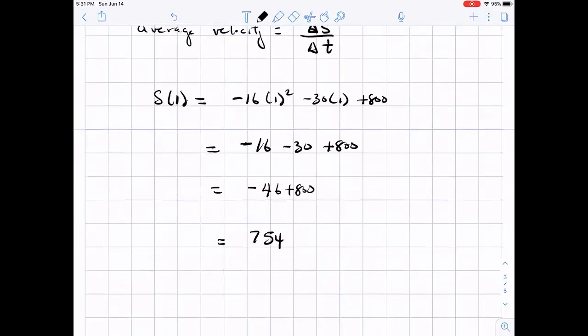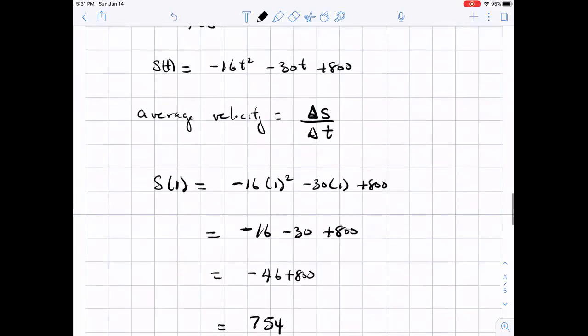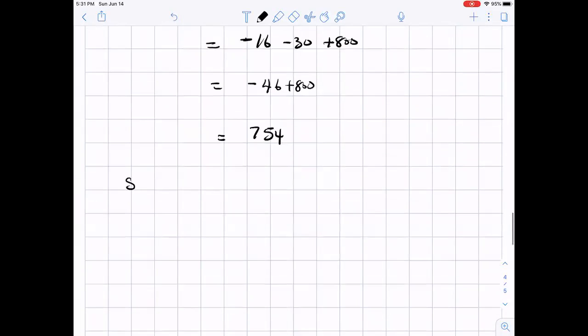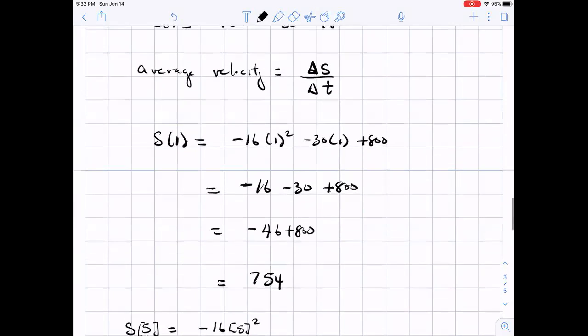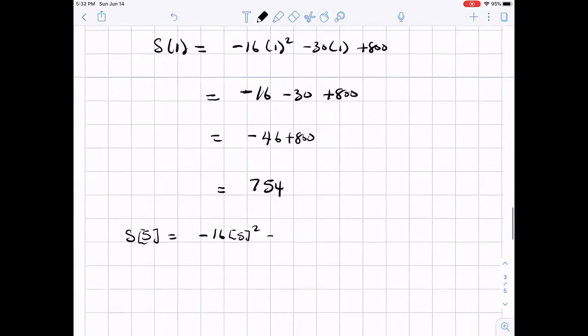Now what is s of 5? Our interval is 5, after 5 seconds. So we have minus 16 times 5 squared, right? We're using the position function. Minus 30 times 5 plus 800. So this becomes minus 16 times 25 minus 30 times 5 plus 800.